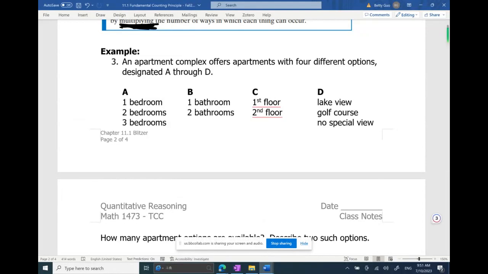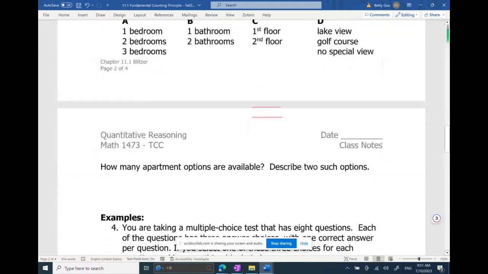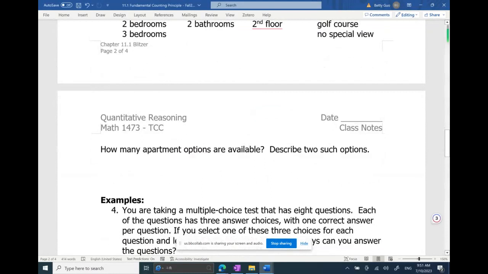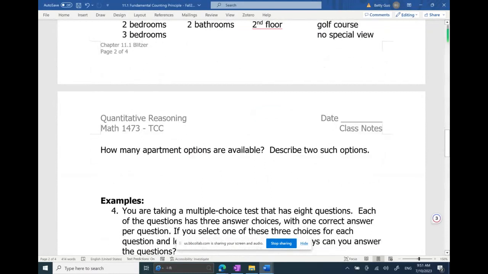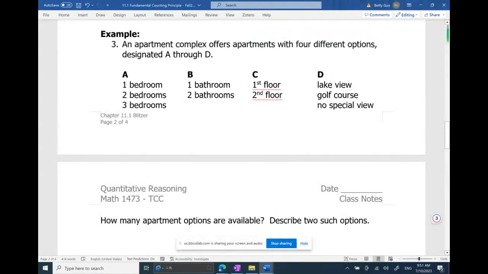Category B is about the bathroom, 1 bath or 2 baths. Category C is the first floor or second floor. Category D is the view: lake view, golf course, no special view. How many apartment options are available? Describe 2 such options. What's your task here?